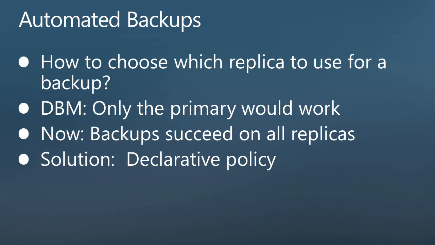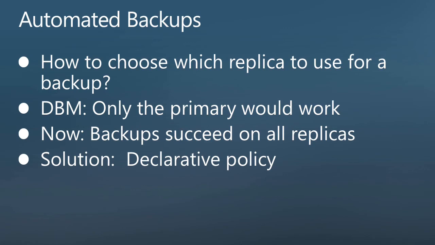Customers that were a little bit more sophisticated would write a script which had a preamble that did a simple query that says, am I the primary? If so, do the backup, otherwise exit gracefully. And that had the advantage of not throwing spurious errors, so you don't get the false failures that might mask real problems. With backup on secondary, that strategy no longer works because the backups would succeed on both sides.